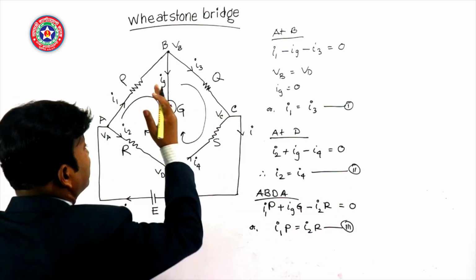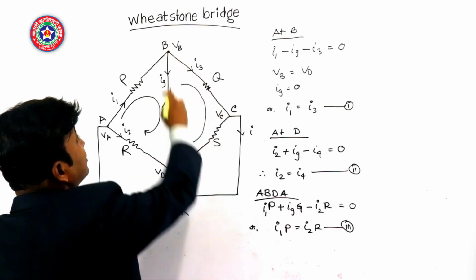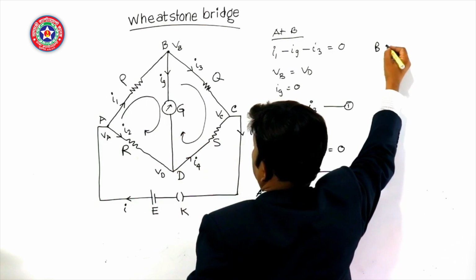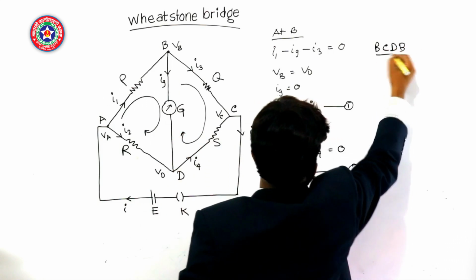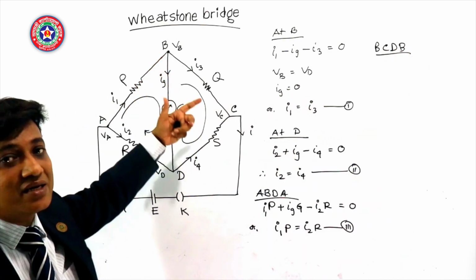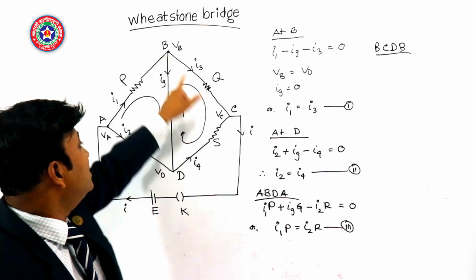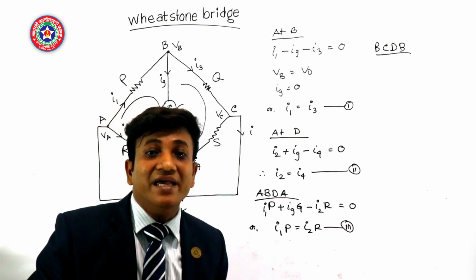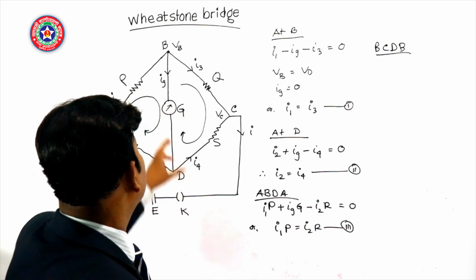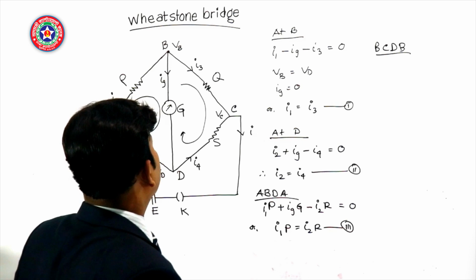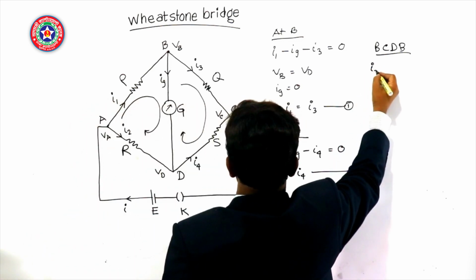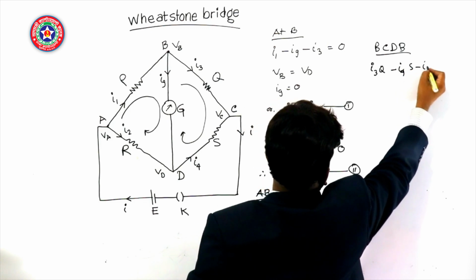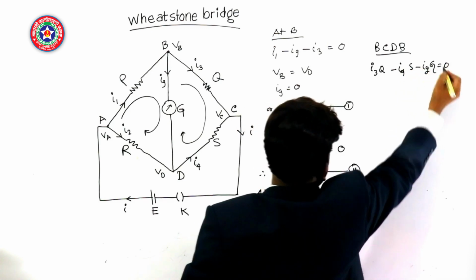Again, on the right side there is another loop. This loop is B, C, D, B. Here we get another closed loop, that is B, C, D, B. Here we can again use Kirchhoff's loop law and get I3 Q minus I4 S minus IG G equals 0.